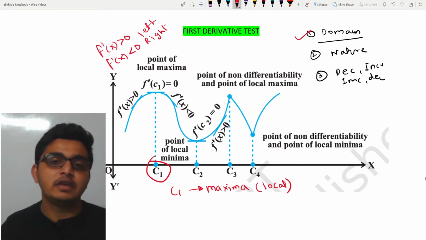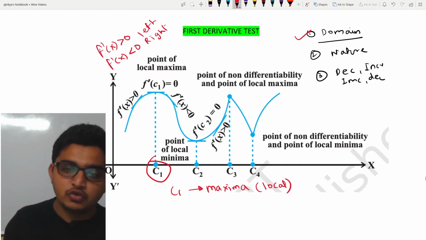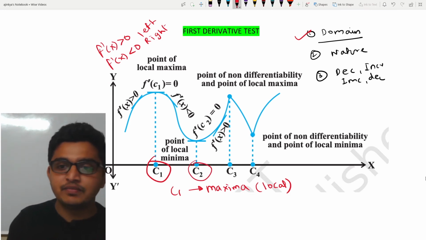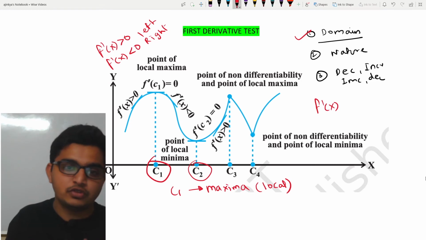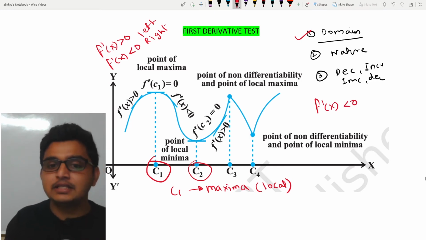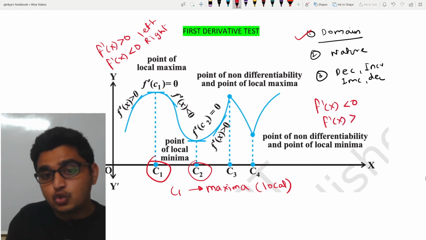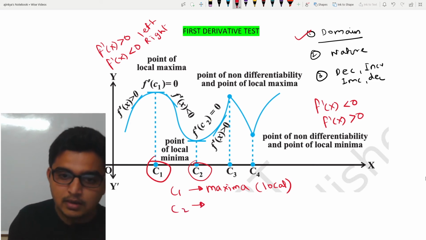So you need to have a given domain and you can directly say that that particular point is the local maxima. Okay, so we'll take C2 now, and in case of C2 it says that if f dash of x towards the left is less than 0, and if f dash of x towards its right side is greater than 0, then this point is going to be your local minima.